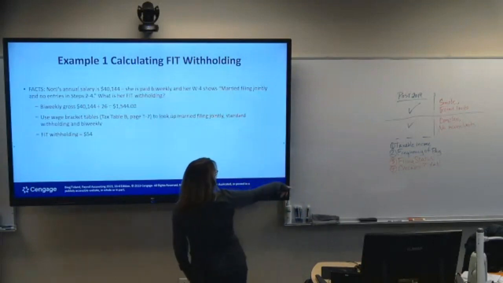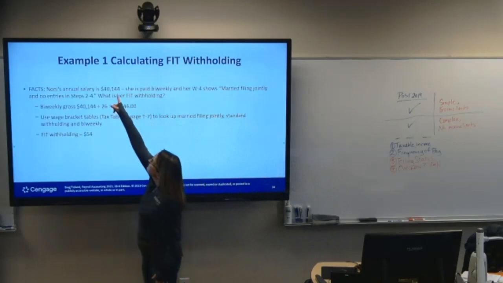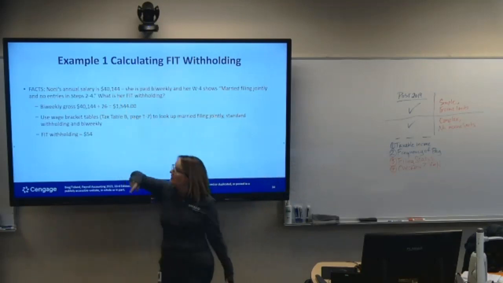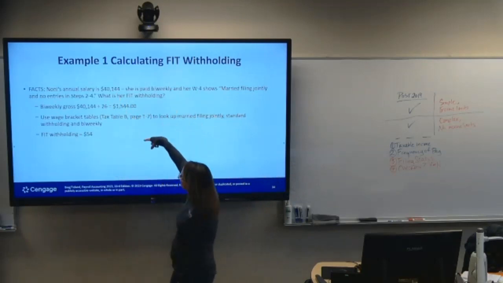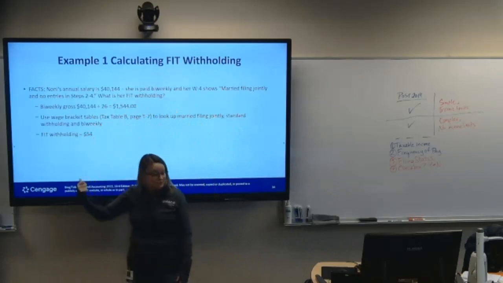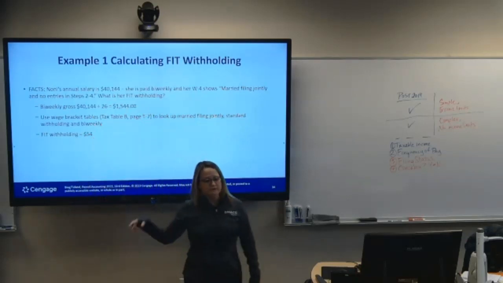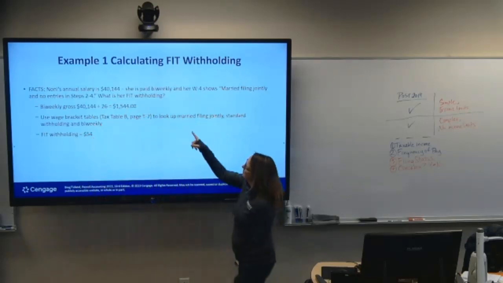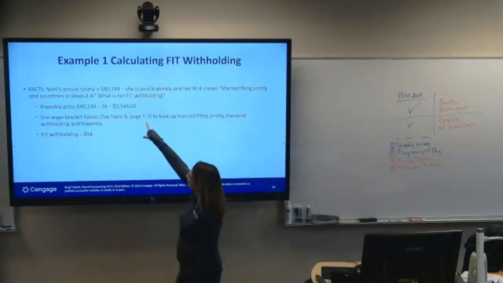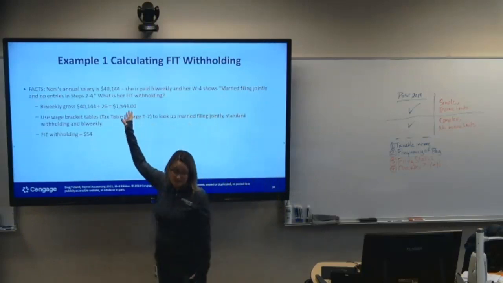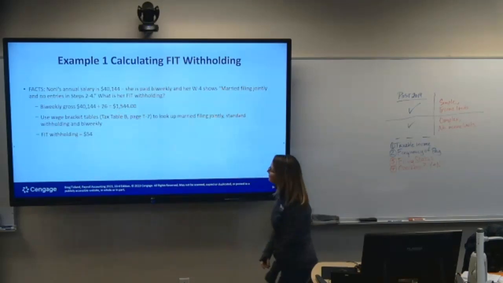All right, so we've got all of that information. We can figure out what she's paid on a per pay basis. She's paid bi-weekly, every 2 weeks, so there are 26 of those in a year. We're going to divide that annual salary by 26. And her biweekly gross, so this is her taxable pay, is $1,544.